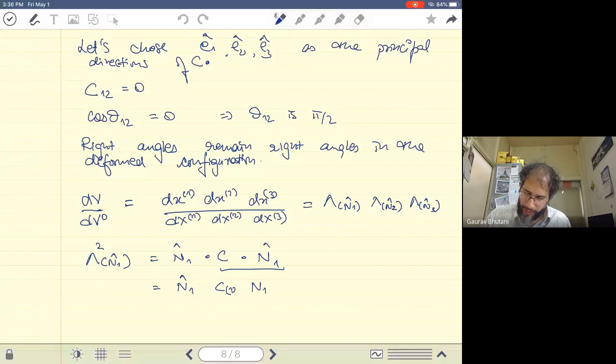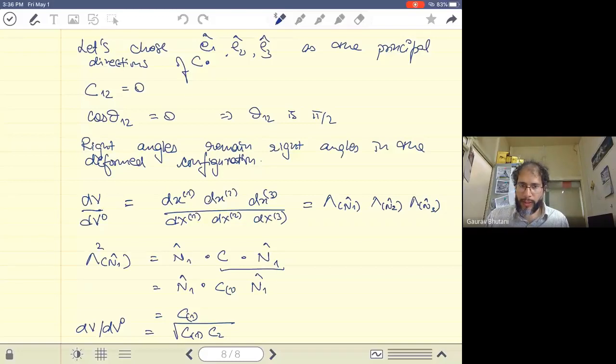So there's no dot here. So this becomes c1, and now n1 dot n1 is 1, the unit vectors. This simply becomes c1. So using these ideas, we can write our dV by dV naught as square root of c1, c2, c3.